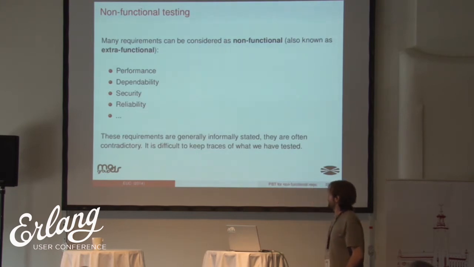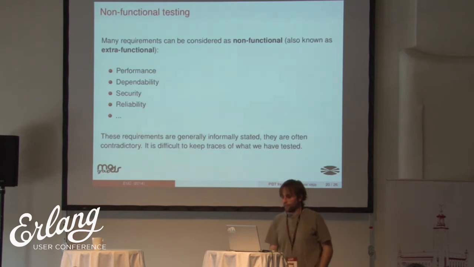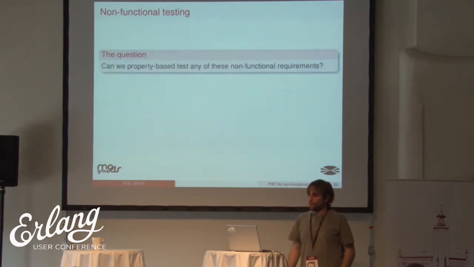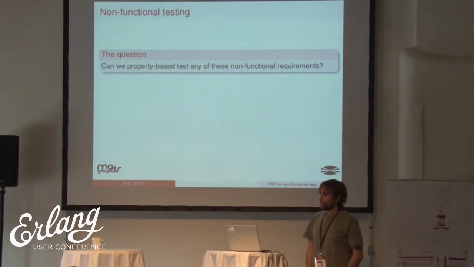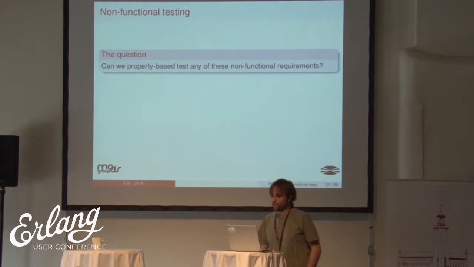Another problem is that these requirements are generally informally stated, and it is difficult to keep track of the tests we have performed. So the question we wanted to solve: can we use property-based testing for these non-functional requirements?